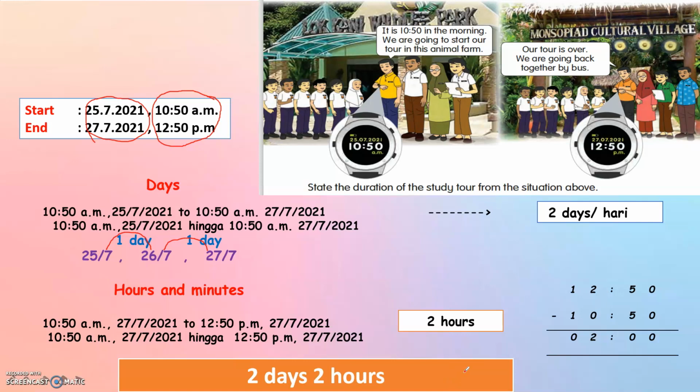Same as the previous one. Okay, first we should list out the dates and then find the duration between the dates. 1 and then here 1, so 2 days. Then we find the hours and minutes. Here we don't have minutes because it is 0, right?